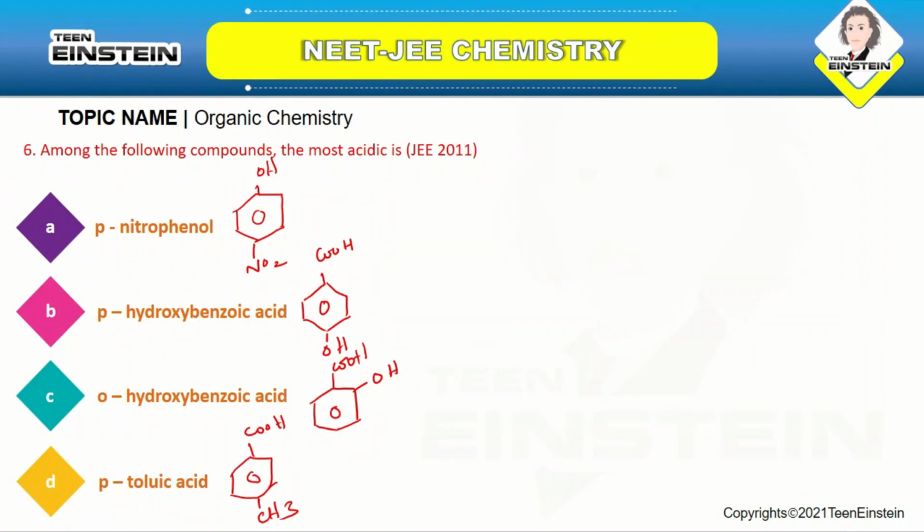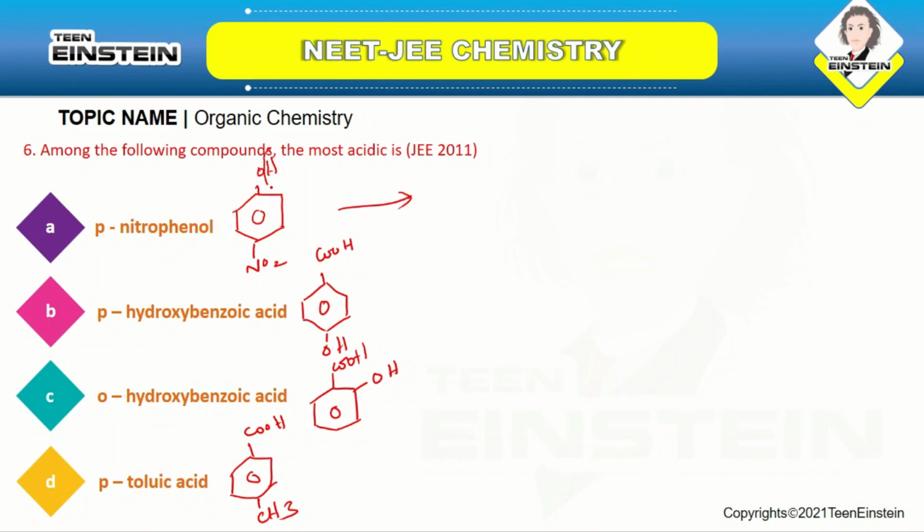Okay. So here we have 3 acidic compounds and 1 phenolic compound. Acids have greater acidic strength than phenolic compounds. So first let's see each and every option. The first option is para-nitrophenol.